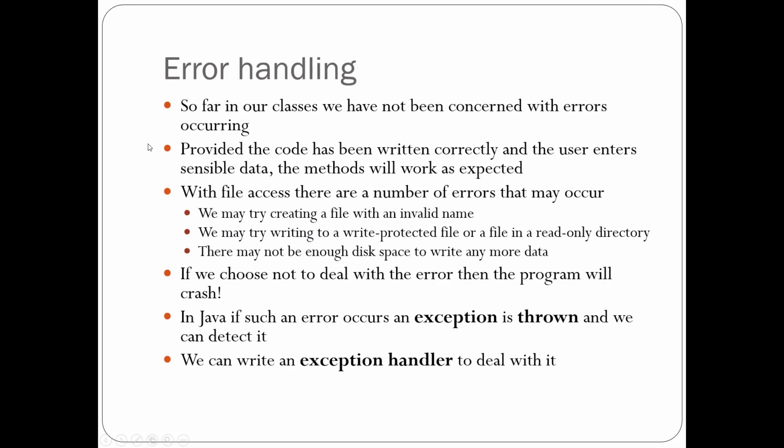And we can write perfect code. We can write our file handling code, it works completely fine, we know it, we've tried it before, we might have even used it in other programs. But there are errors that can happen outside of our control.